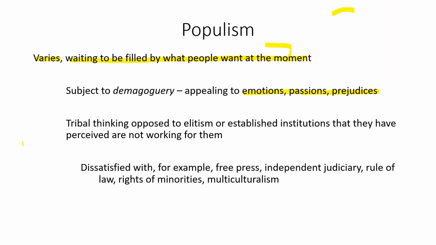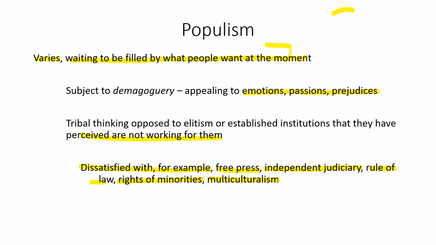Tribal thinking, opposed to elitism or established institutions that are perceived as not working for them. That's another definition of how populism works, where people are dissatisfied with things such as the free press, such as the courts, not satisfied with the current rule of law, may not be accepting of rights of minorities, or of encroaching multiculturalism.